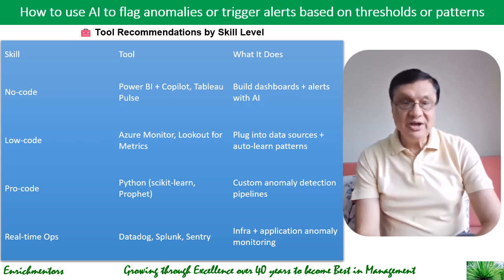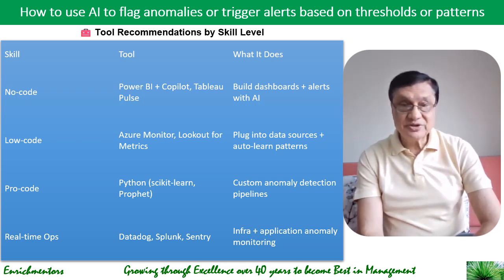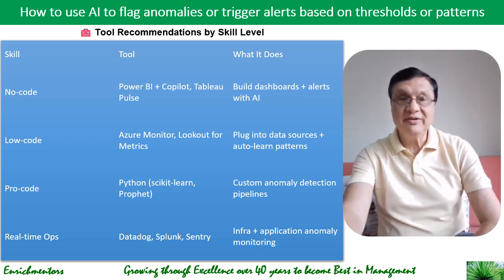Or if you are a professional in coding, you could use Python, scikit-learn, and Prophet, where you can build customized anomaly detection pipelines. And if you are in real-time ops, then you could use Datadog, Splunk, Sentry, where you can do infra plus application anomaly monitoring dynamically, in real time. So these are some ways of choosing the tool stack by your skill level.